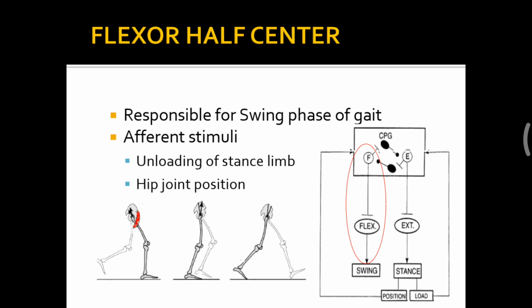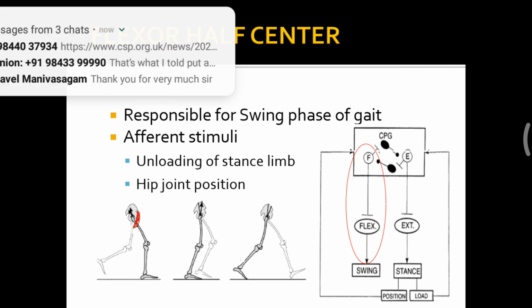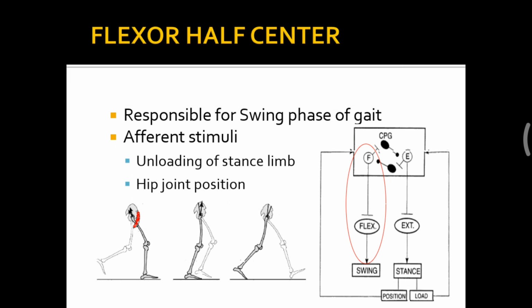But in addition, like how we saw in stance phase that peripheral inputs stimulate, there are also inputs from the periphery, especially the hip joint position and the unloading of the stance limb, that is the stopping of pressure input from the feet. Both of these are suggested to activate the flexor half center.